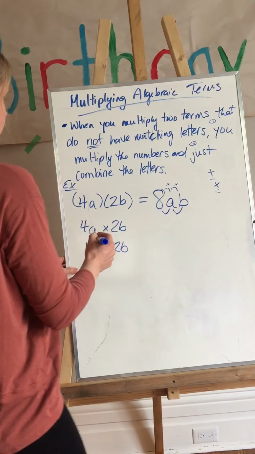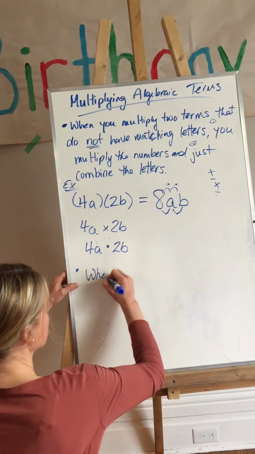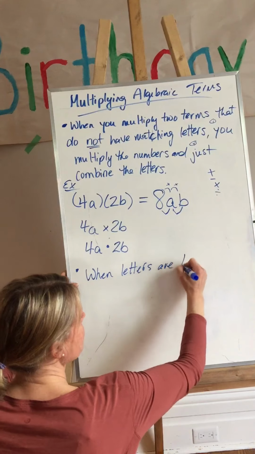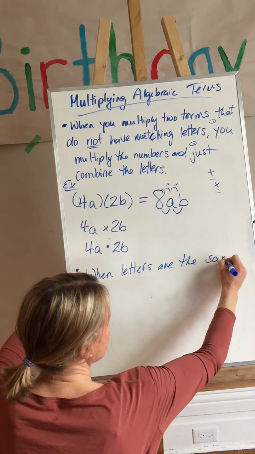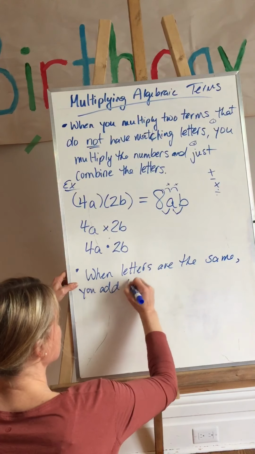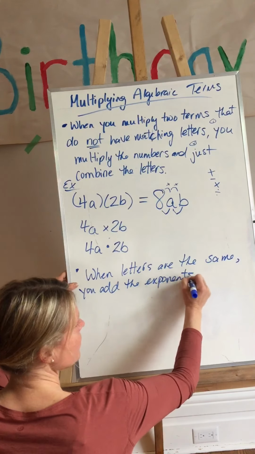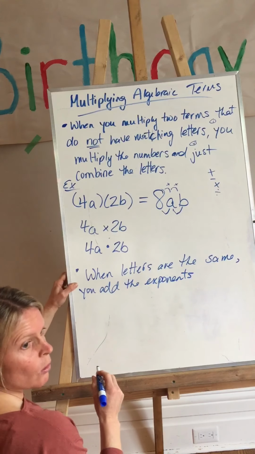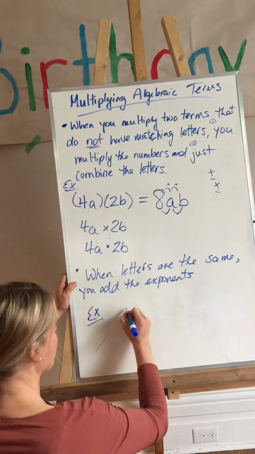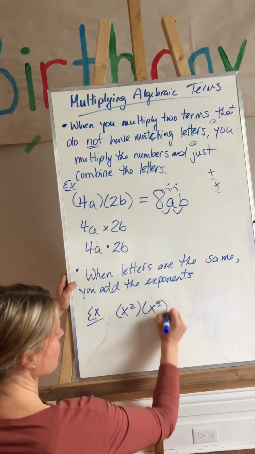If the letters are the same, you add the exponents on the letters. So let's say we have an example of x squared times x cubed.